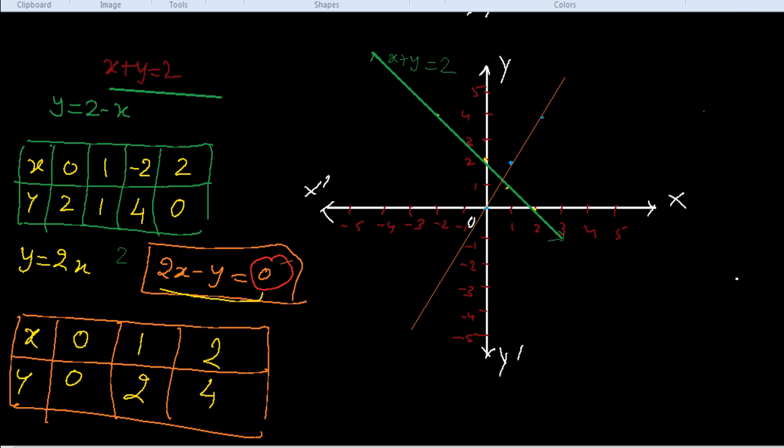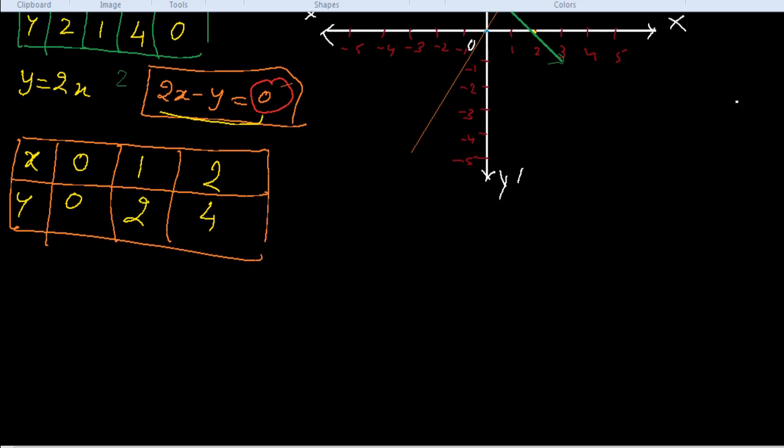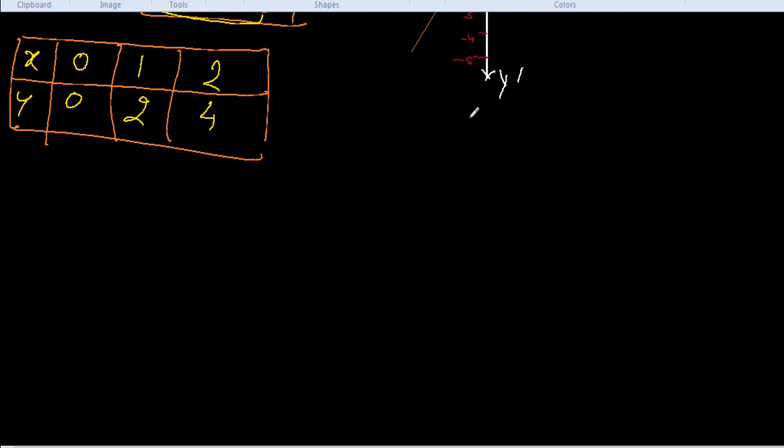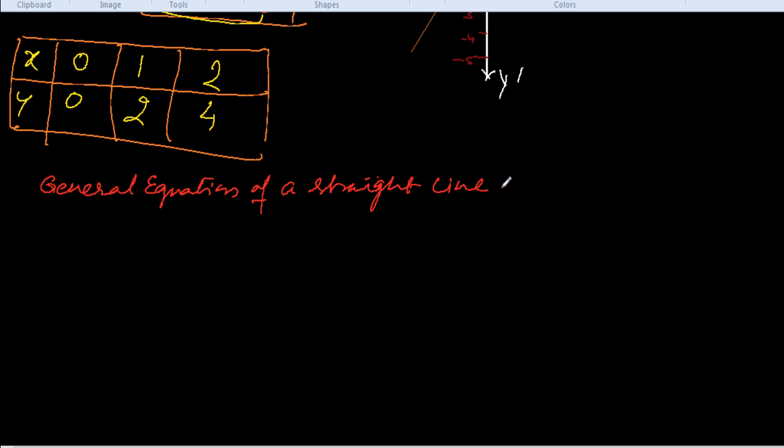Now I would like to explain to you about the general equation of a straight line of 2 variables.